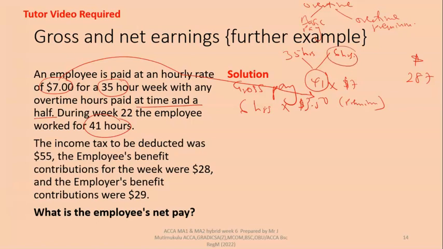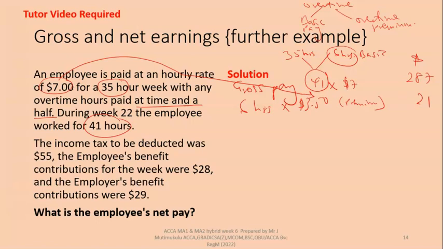This is the basic pay from the overtime worked. All right, so don't be confused. So here now, the 6 hours are being considered for the overtime premium. So if we multiply by 3.50, we get 21 bucks.